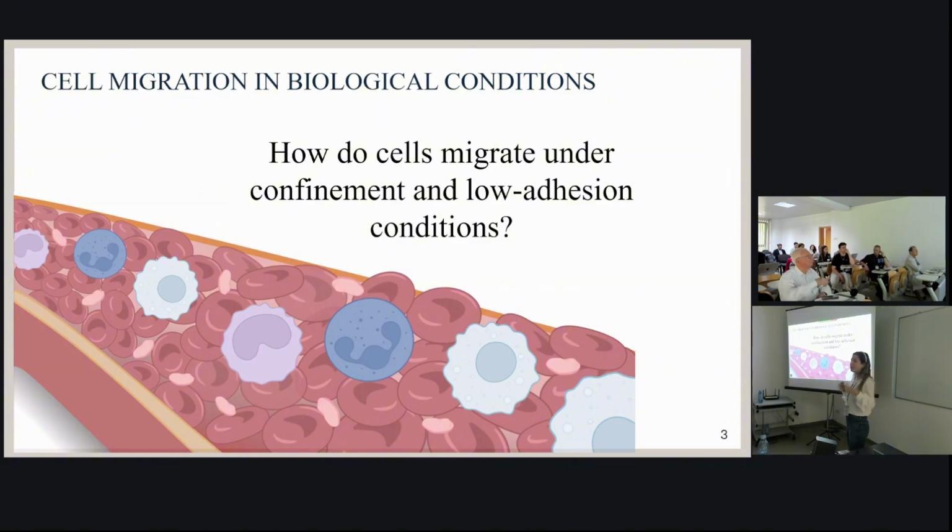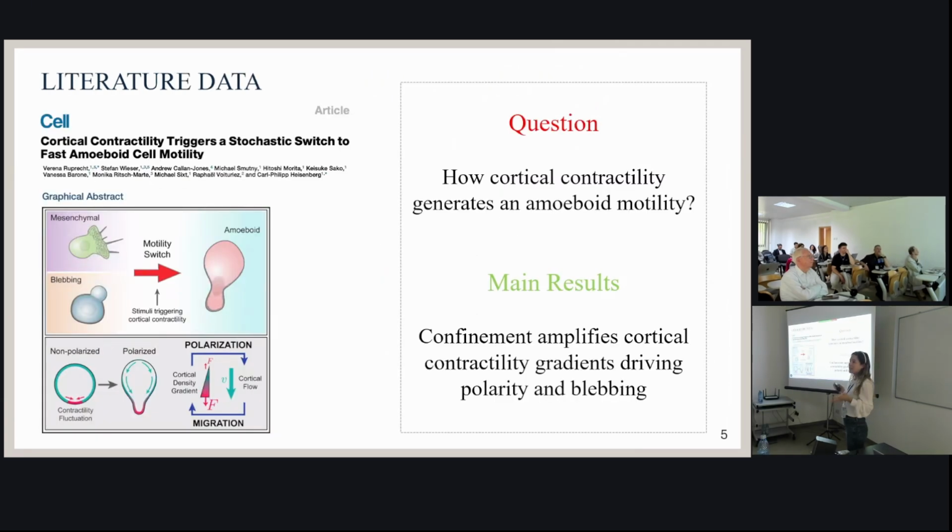So usually in vivo the cells are in confinement and low adhesion environments. There are some studies in the literature trying to simulate this model of confinement and low adhesion. Specifically in this study, they tried to understand how the contractility of the cortex generates this amoeboid migration.